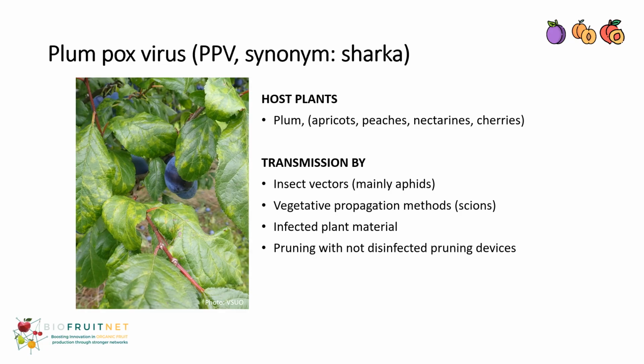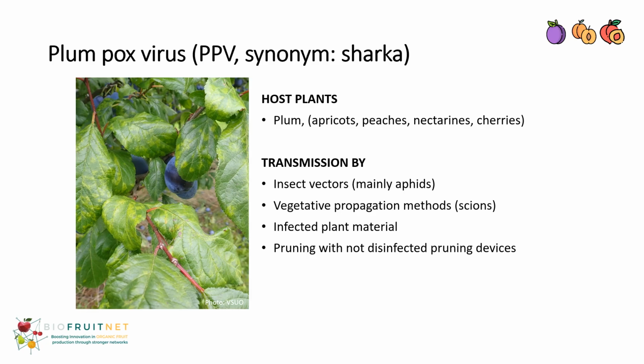The plum pox virus disease, also called sharka disease, is the most destructive viral disease of stone fruit species and mainly infects plum trees, but also apricots, peaches, nectarines, and sweet and sour cherries.